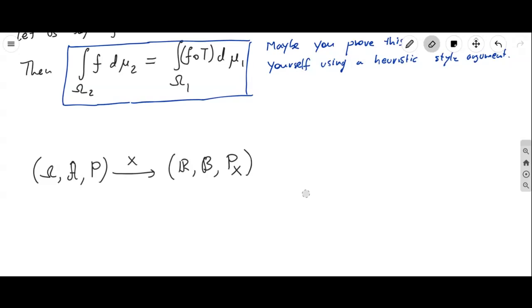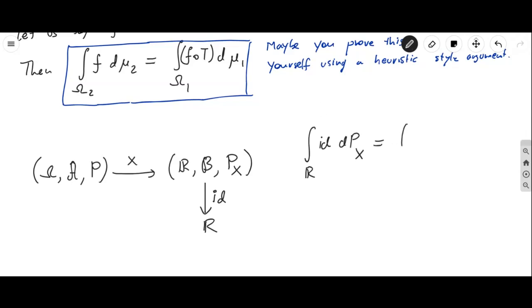And you're integrating a function. So what exactly are you integrating? Well, you're integrating the identity function to the real line, right? And now look what happens. You're integrating the identity function on the real line with respect to that measure, dPx.